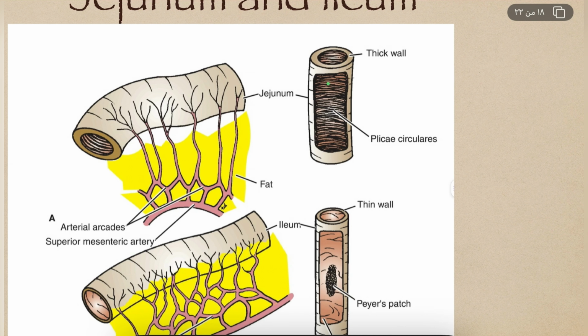زين نجي للميزنتري. The mesentery of the ileum, here's the mesentery, has more fat than the mesentery of the jejunum.